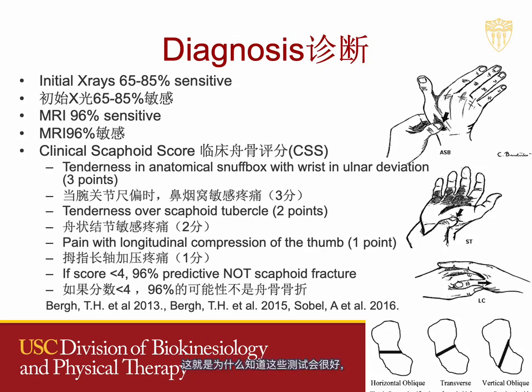That's why these tests are nice to know. If you have a patient who just has some wrist pain and you're not sure if it's a fracture, or whether to send them to an MRI, do this clinical scaphoid score. Do these 3 tests, and if the score is less than 4, you probably don't need to send them for an MRI. It's probably some ligament sprain, mobility deficit problem, De Quervain's tenosynovitis of the thumb, or something else.